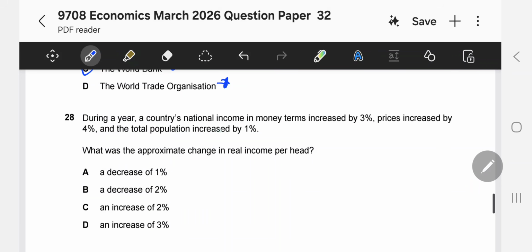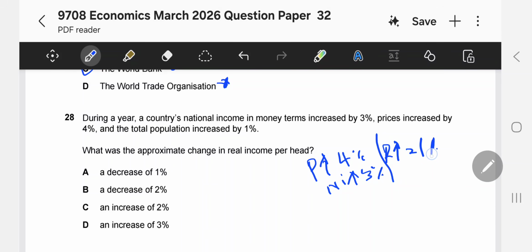During a year, a country's national income in money terms increased by 3%, prices increased by 4%. So prices have gone up by 4%, but national income has increased by 3%. So the real increase is only -1%. Okay, and the population increased by 1%.